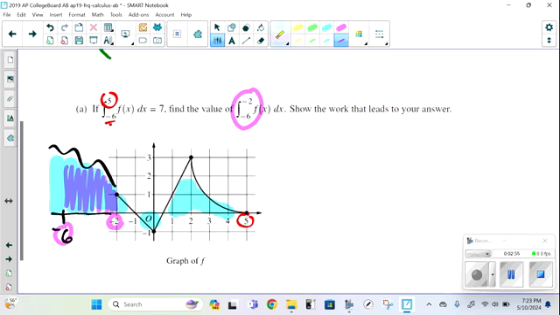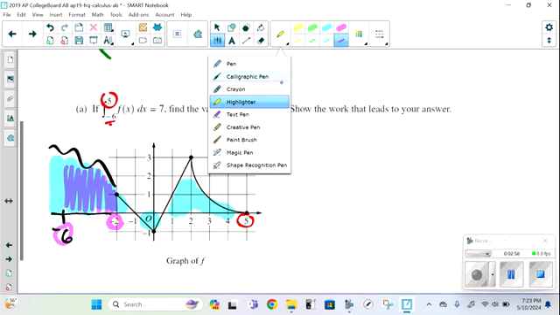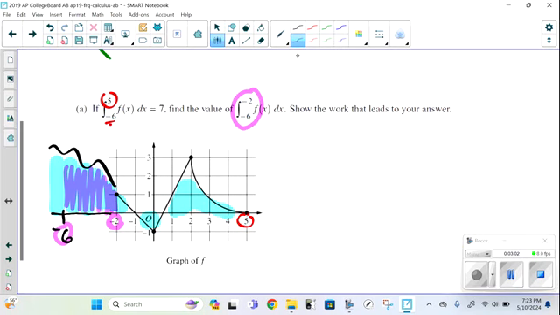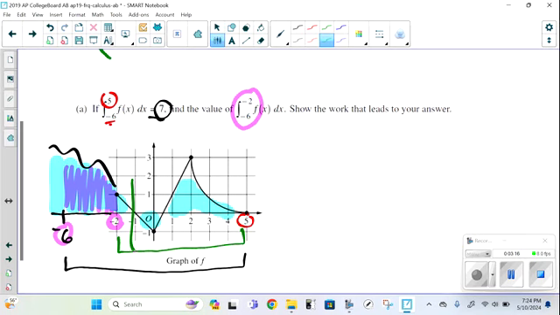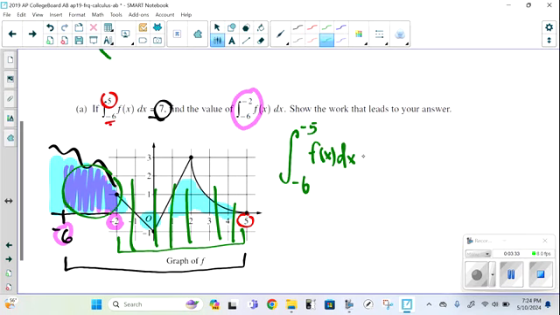All right? So if I'm thinking about this correctly, I'm going to take the integral from the whole thing, from here all the way to here. That's 7. And I'm going to subtract the integration from here to here, this area under the curve. If I take this away, that will leave me with what I need. So really, I need the integration from -6 to 5 of f of x dx, and I'm going to subtract away the integration from -2 to 5 of f of x dx.